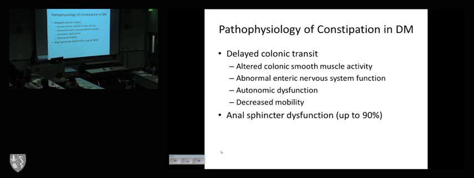And then decreased mobility, so not exercising, not being able to walk around, because of decreased transit. And then anal sphincter dysfunction in myotonic dystrophy has been reported anywhere between 50 and 90% when studied.